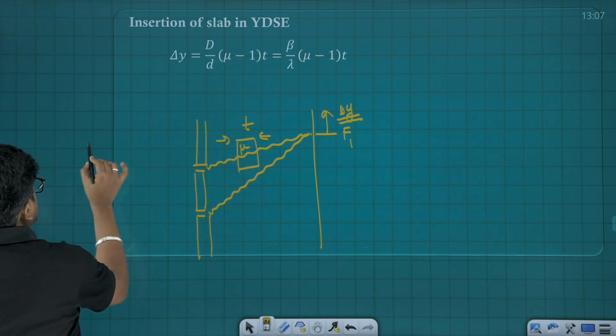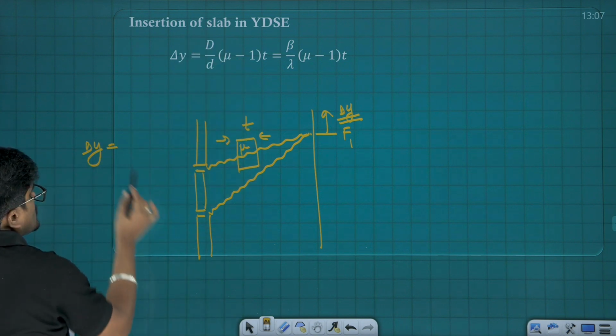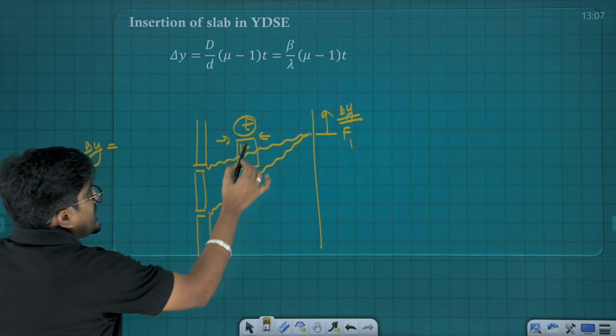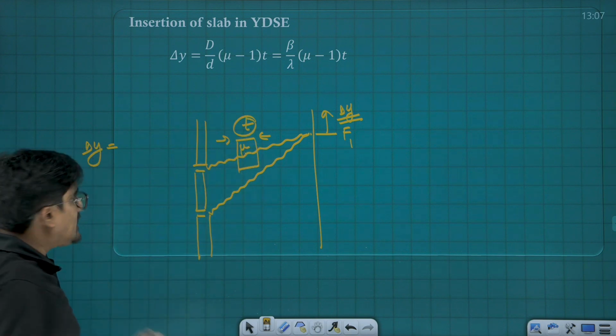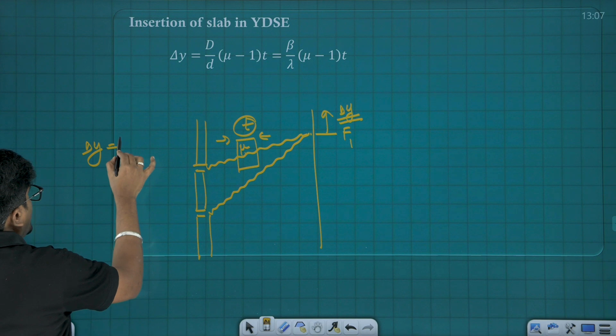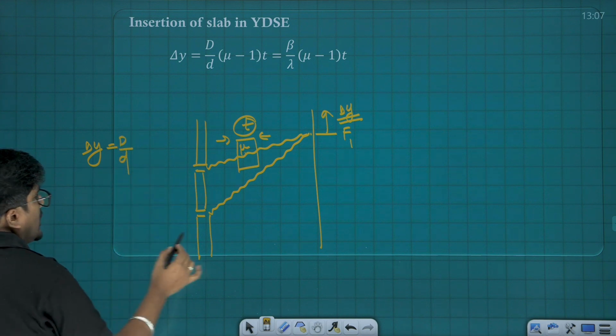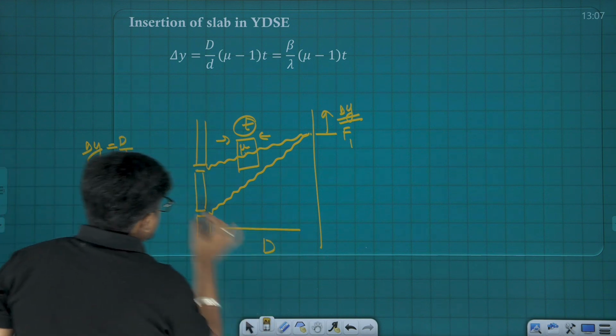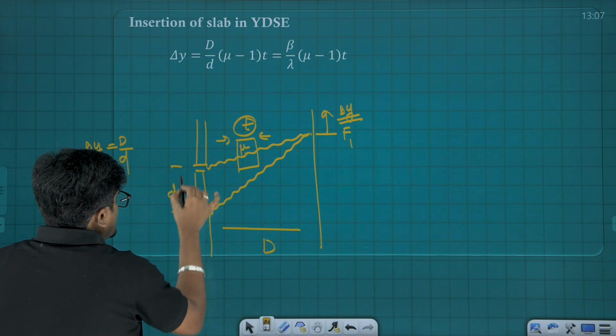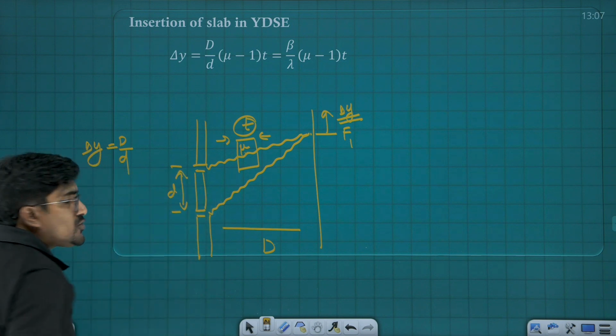Okay, so that shift delta y, I told you, T is the thickness, mu is the refractive index. Then in that case, delta y is going to be capital D divided by small letter d. Again, capital D is this distance and small letter d was the distance of separation between these two slits.